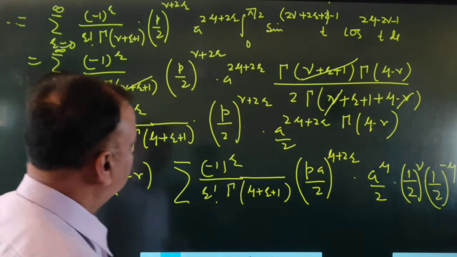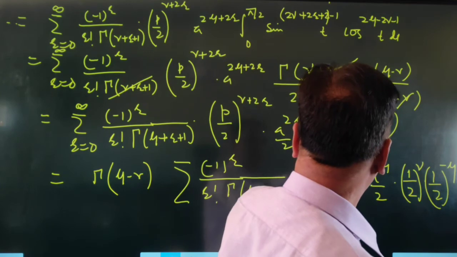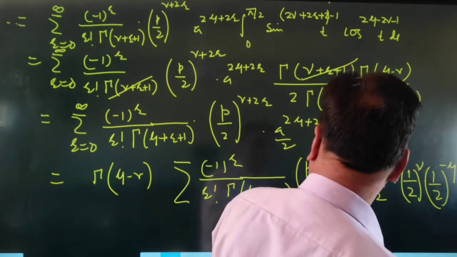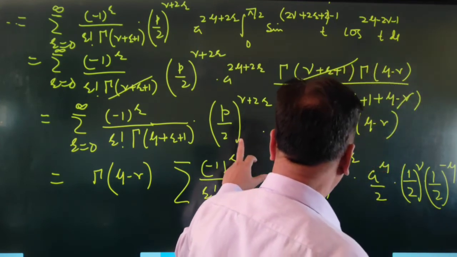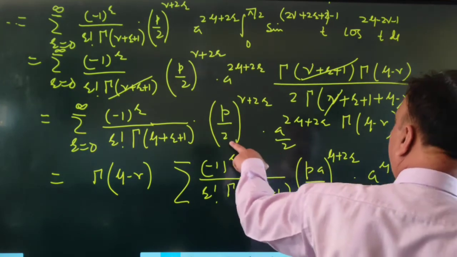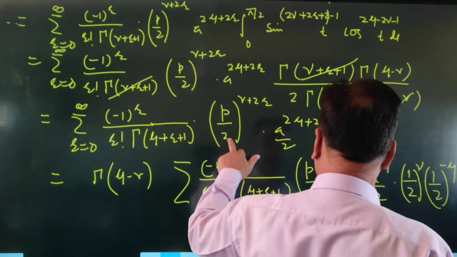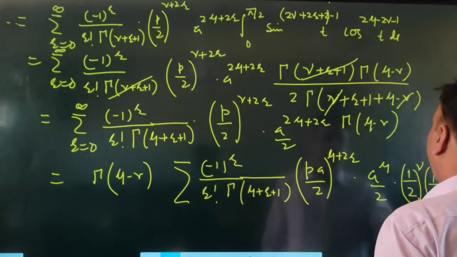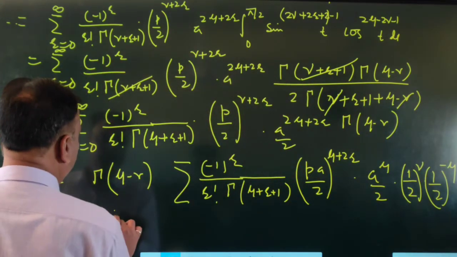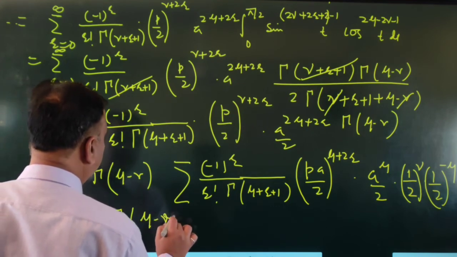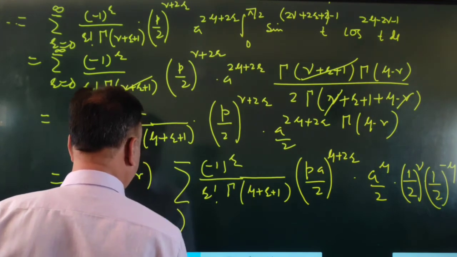So we get minus 1 raised to r factorial r gamma of mu plus r plus 1, pa by 2 raised to mu plus 2r, into a raised to mu, here 1 by 2 into pa raised to 2r also there, and 1 by 2 raised to mu here and 1 by 2 raised to minus nu, which we have included. So we get the result as gamma of mu minus nu.